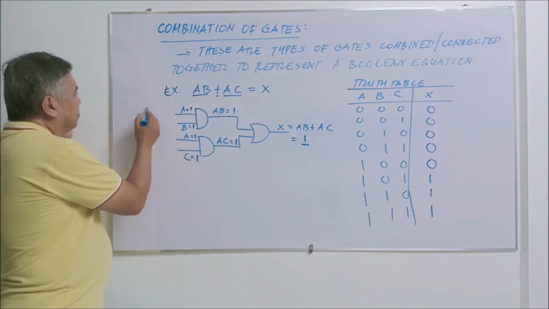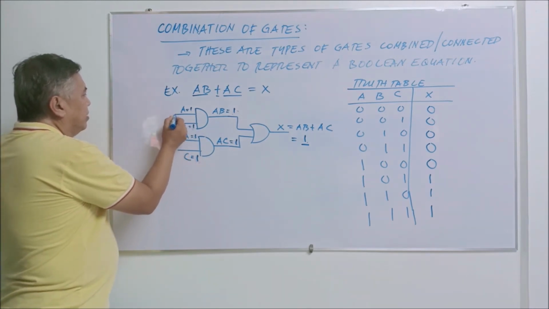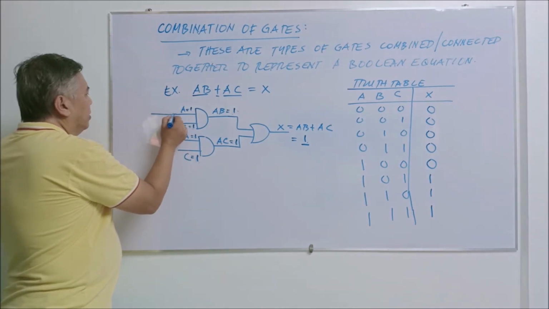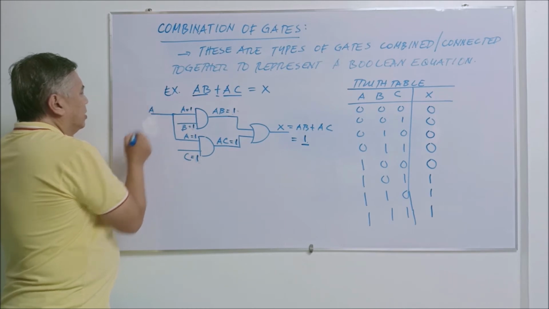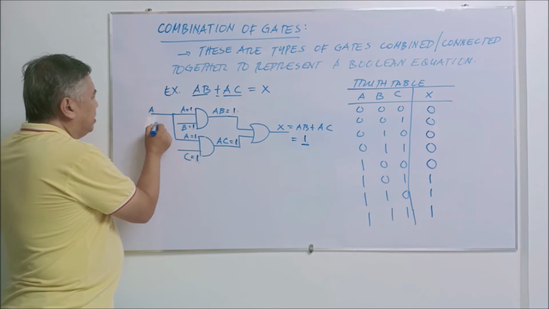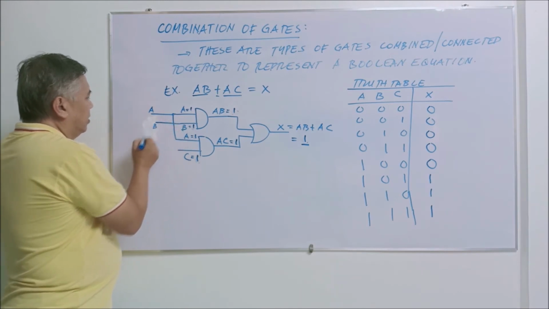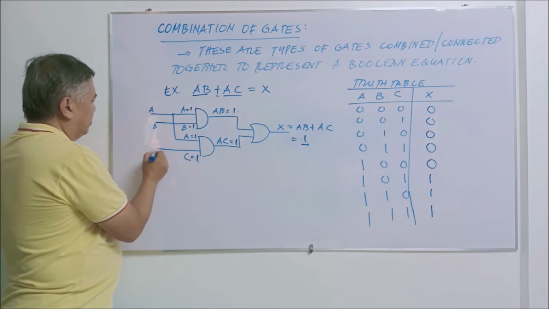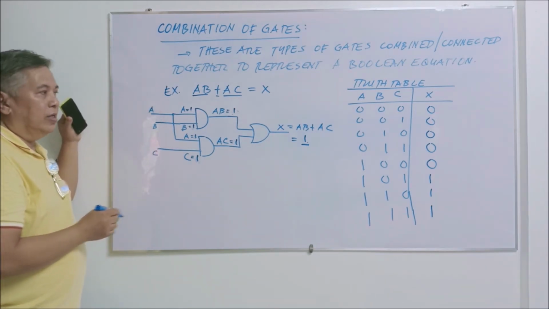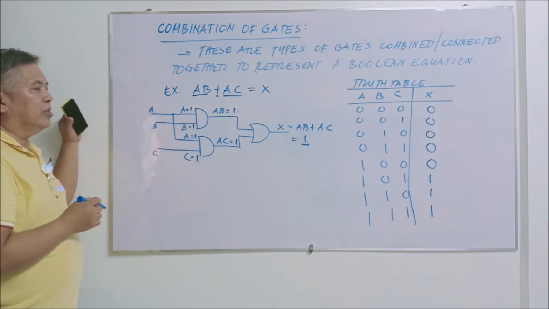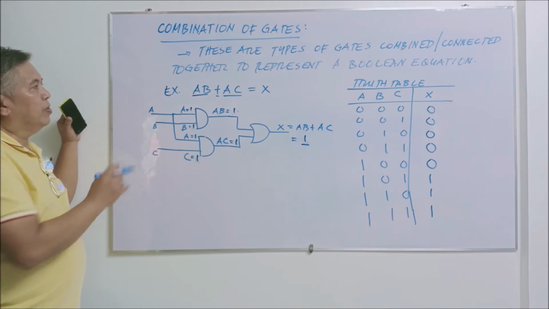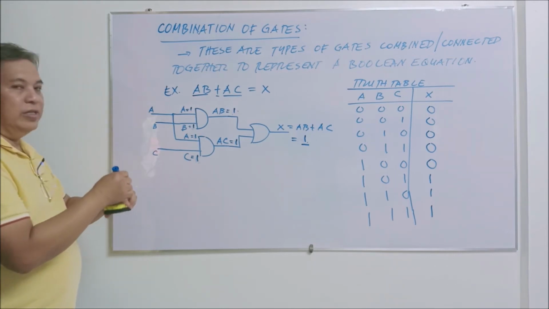For example, you have A and A here, so you interconnect A and A. So you will have only one input A here, and then you have B, and then you have C. So you have three inputs A, B, and C. That is how the logical circuits are drawn. So that's it for this particular example.